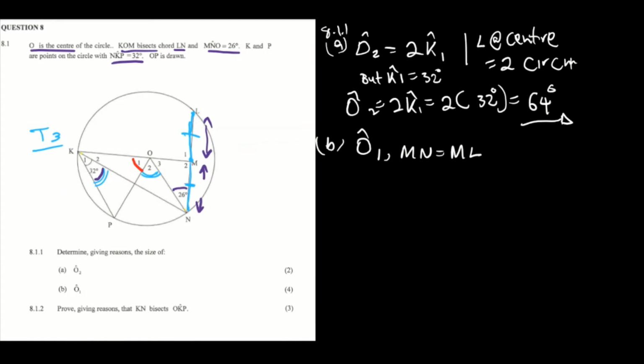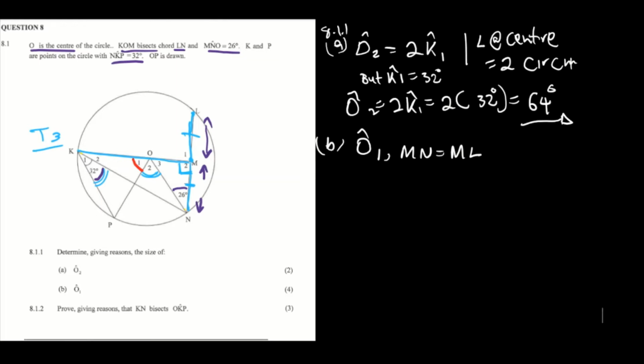What does it do? It means now that we're having a 90 degrees. So this is just a straight line going straight up. So we're having a 90 degrees there. So if you have a 90 degrees there, for us to find angle O1, which is just here, we need to first find angle O3.